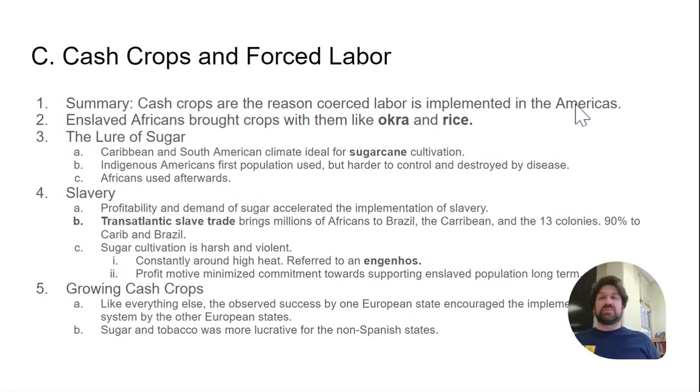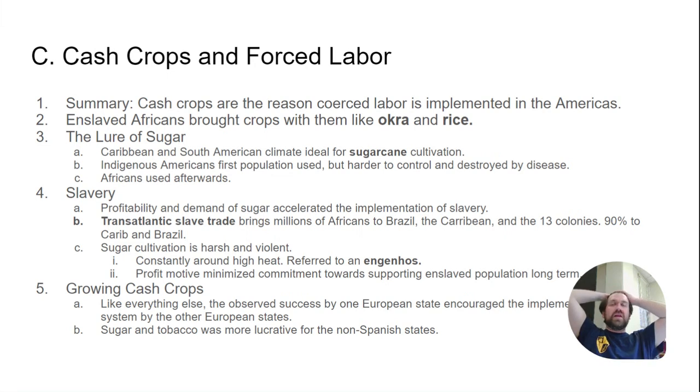Okay, so the next element of the Columbian Exchange would be the impact of the climate giving Europeans access to the cultivation of crops that were far more lucrative than crops historically cultivated in Europe, right?